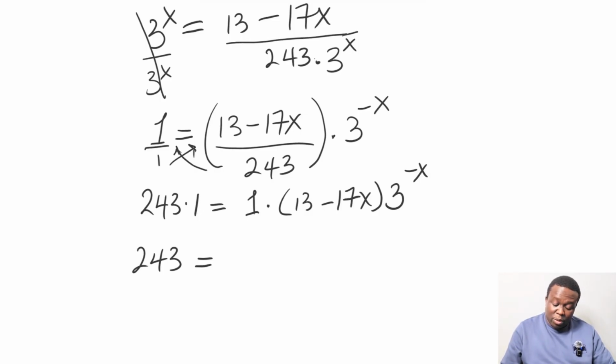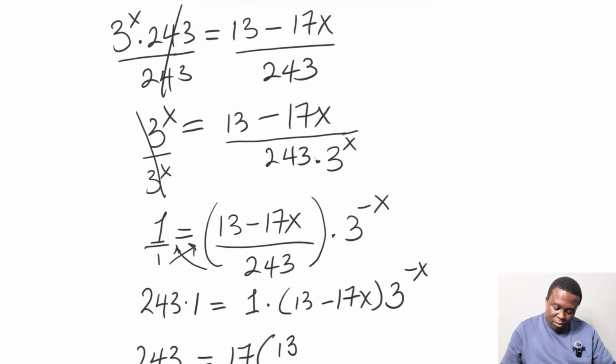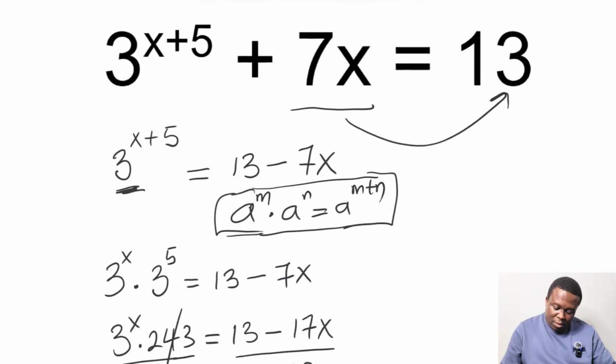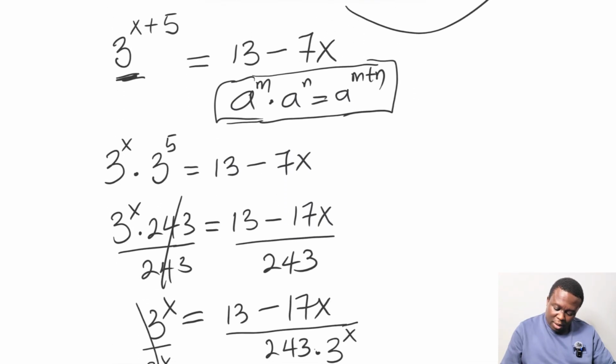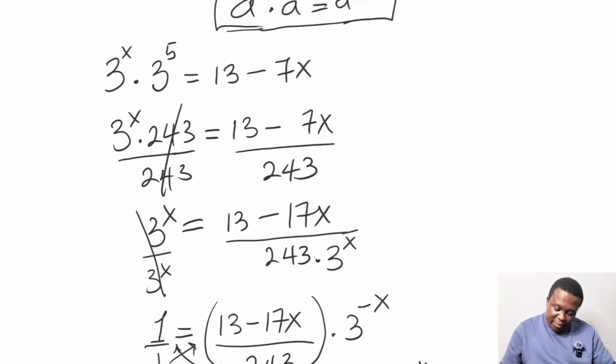So let's rewrite what we have on the right-hand side. If we take out 7, so we have just minus x there, factoring out 7, this becomes 13. It's not 17, sorry, it's 7.